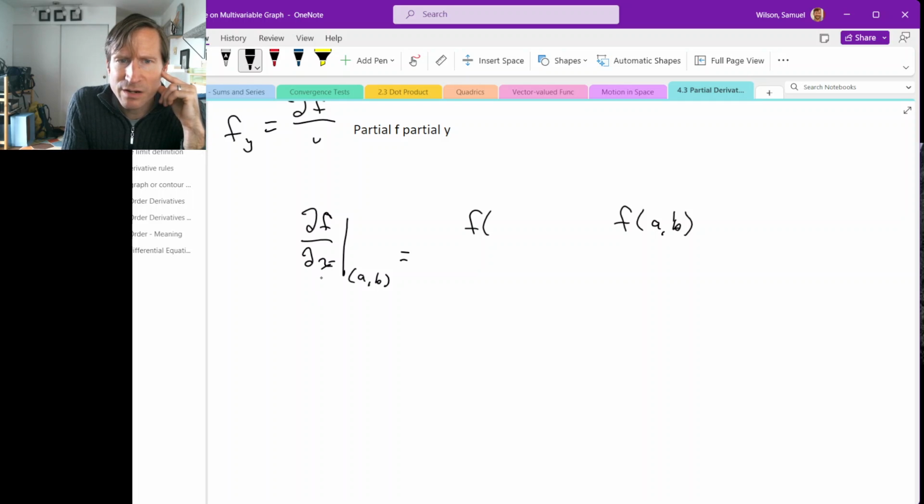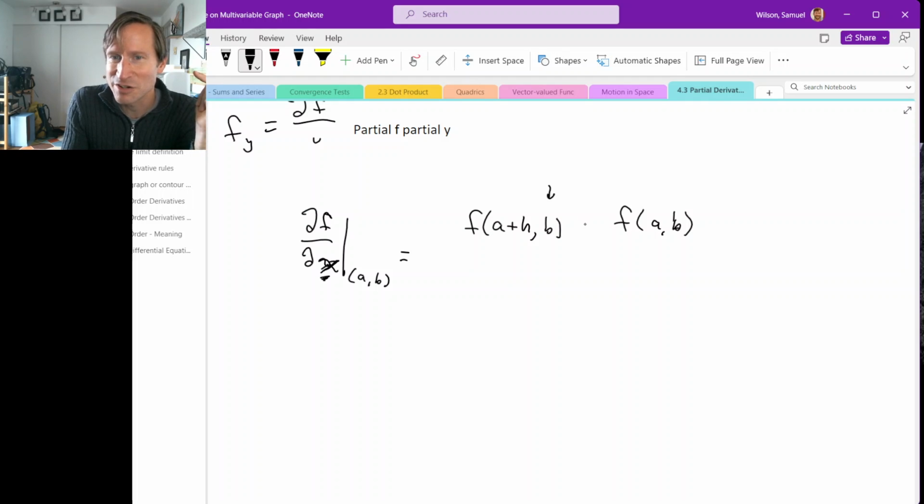And since we're taking a partial derivative with respect to x, we have to move over a little bit in the x direction. So our x coordinate is going to be a plus a small change. And we'll use h for that small change. But we aren't going to change our y coordinate at all because we're taking a derivative in the x direction, right?